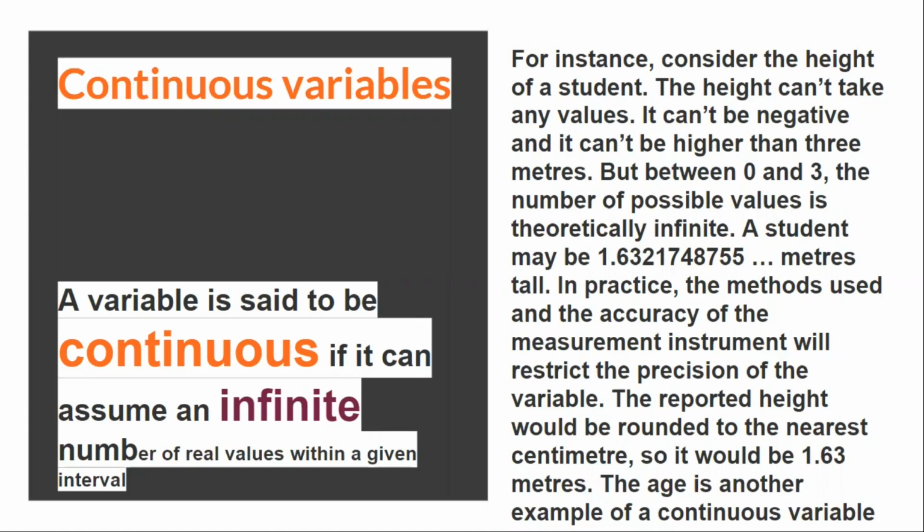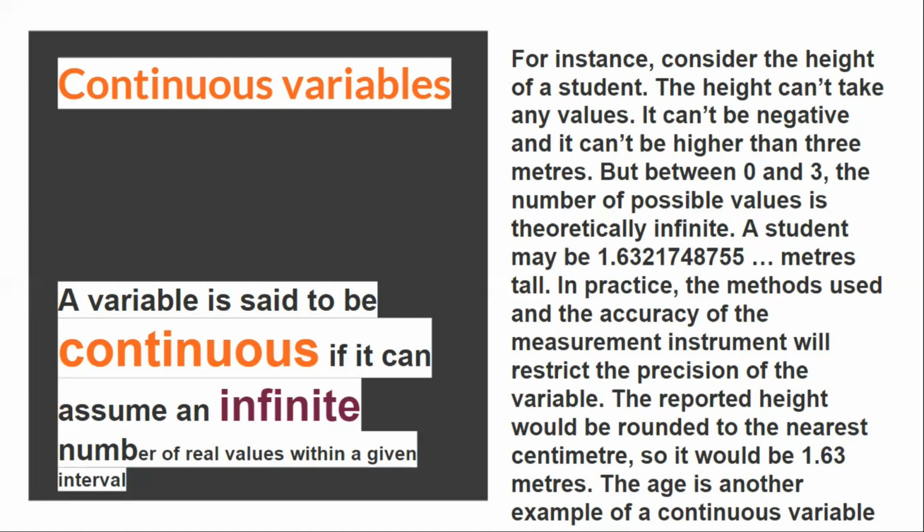The height can take any value. The height of an individual cannot be negative, so it should be positive, and it cannot be higher than 3 meters, because in the world population we have never seen a person with a height of more than 3 meters.